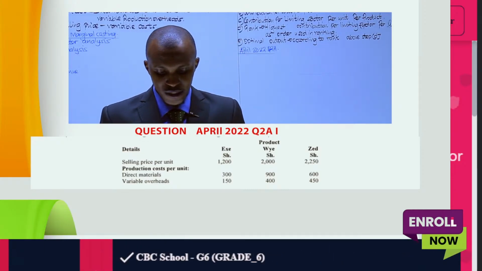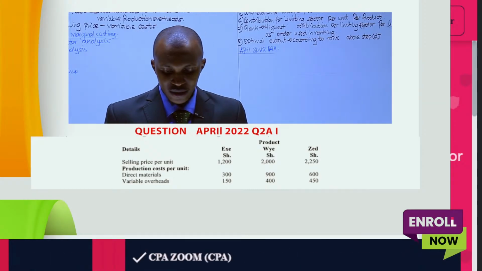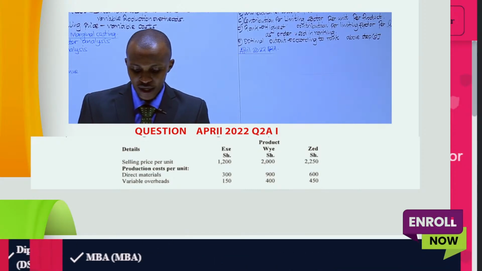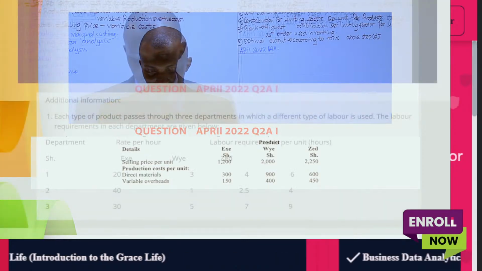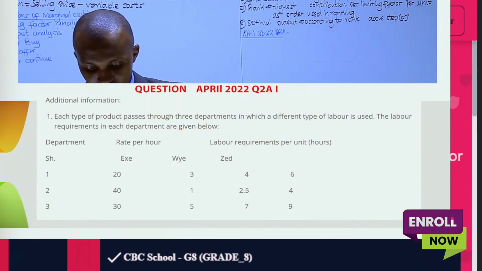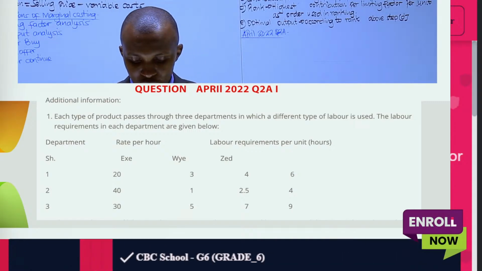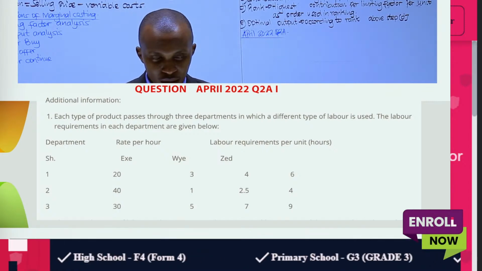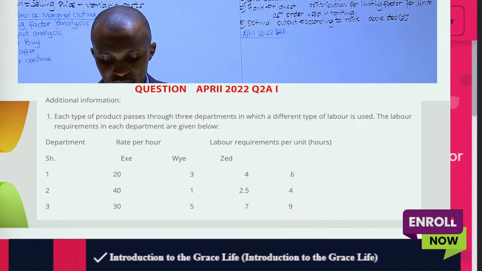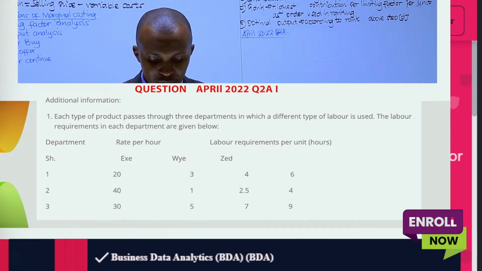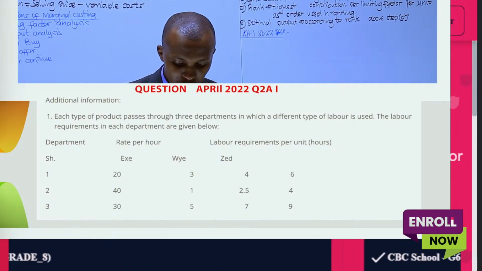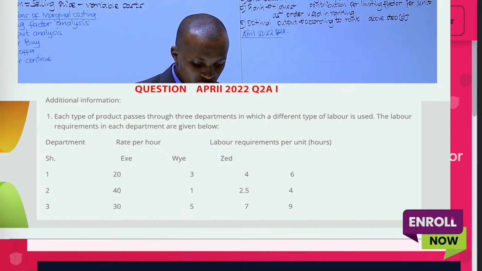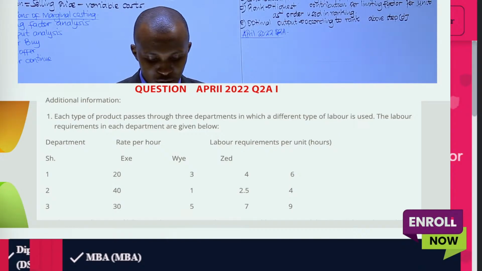Your production cost of materials is 300 for X, 900 for Y, 600 for Z. Your variable overheads of X is 150, of Y is 400, of Z is 450.